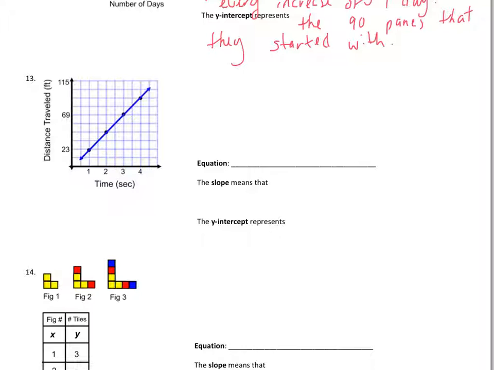Here we have 123. At 2, it would be 46, I believe. Yes. Because it's increasing 23 every 2, which means it's going to be 92 up here.